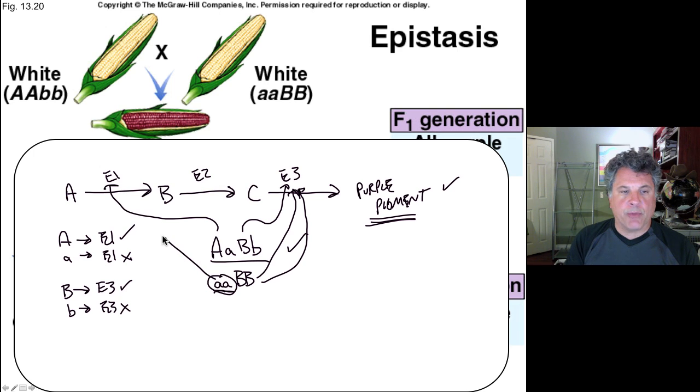So this genotype will produce only defective enzyme 1, and this step of the biochemical pathway will be blocked. And this would lead to the accumulation of compound A because there would be no functional enzyme 1 to convert compound A to B. Likewise, you can use the same reasoning for the genotypes of, say, big A, little b.